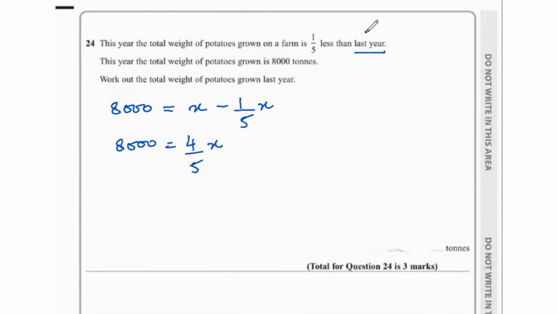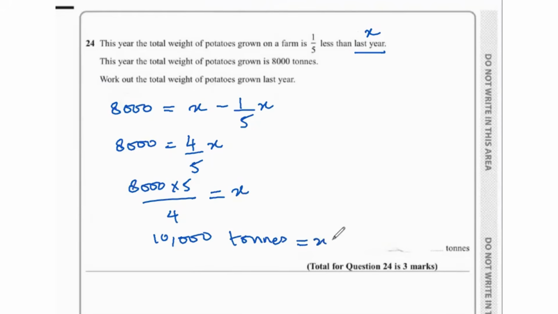So last year, this is x. If we do 8,000 times 5/4, that will give us the weight of the potatoes grown last year, which is going to be 10,000 tons. That is your answer.